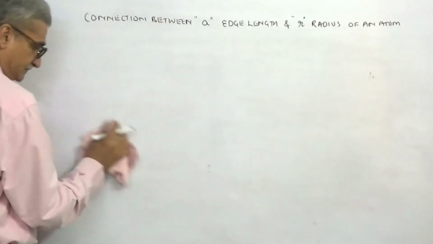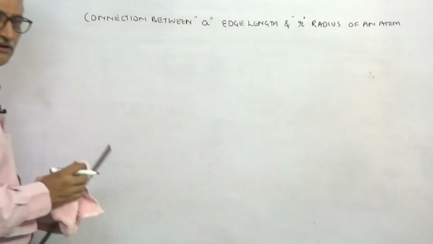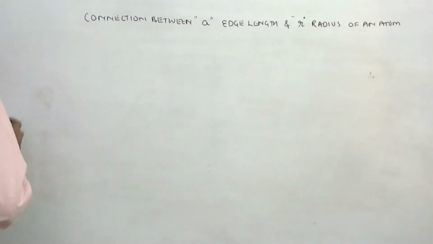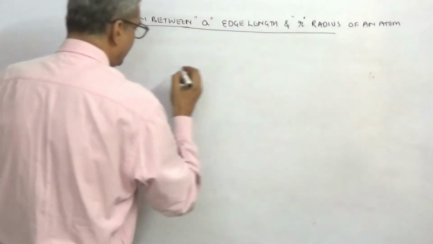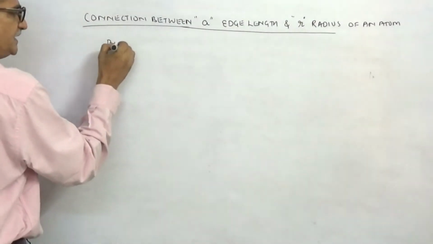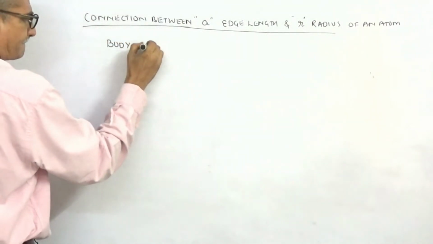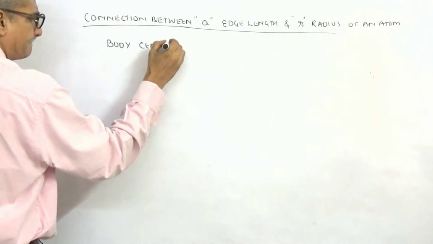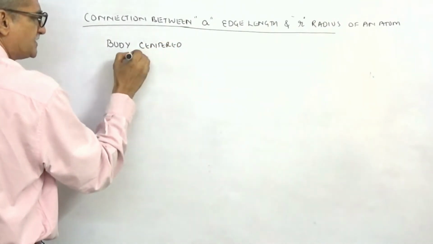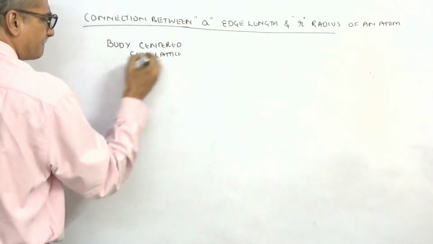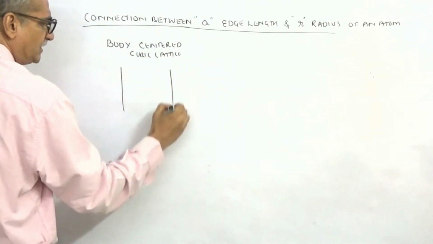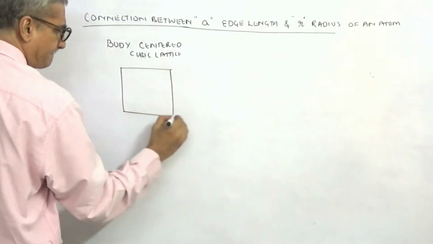No, body centered. Let's talk about body centered, which is a little more complicated. So we are calculating the connection of edge length A and R for a body centered cubic lattice. So in a body centered cubic lattice, what happens?